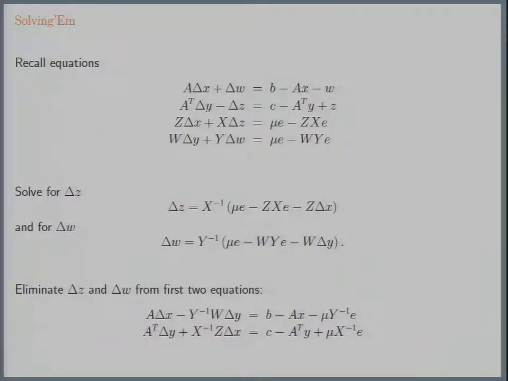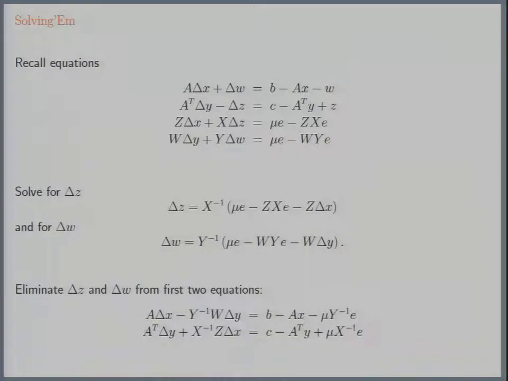What do I have here? I want to write the second equation first. That's A transpose delta y in the second equation, and X inverse Z times delta x.